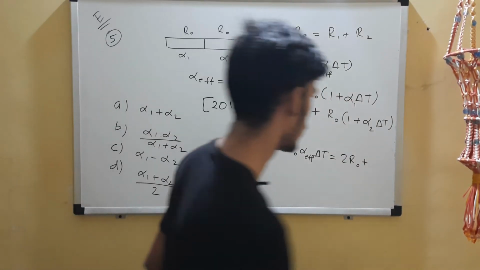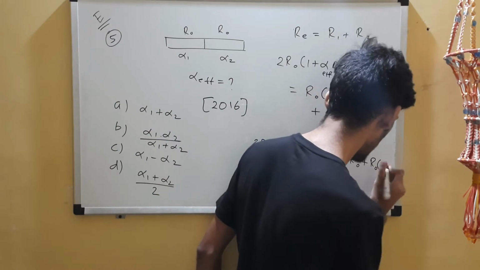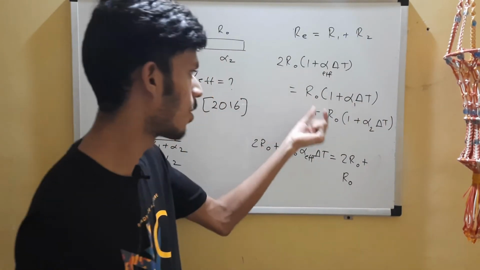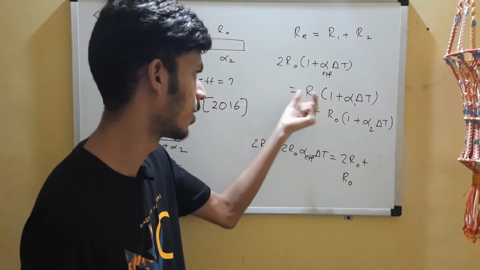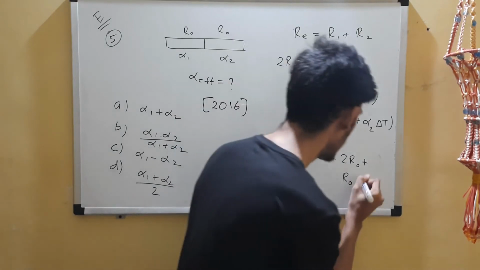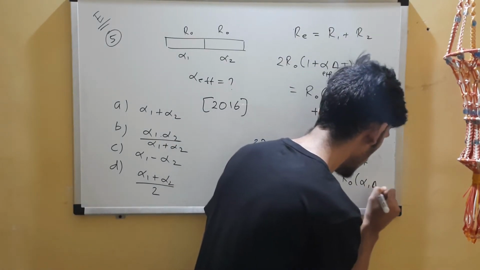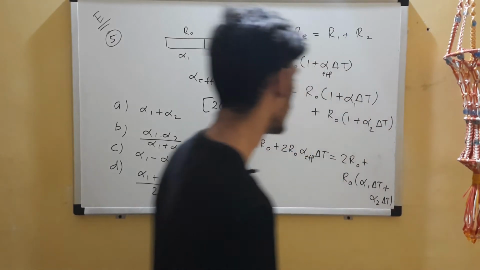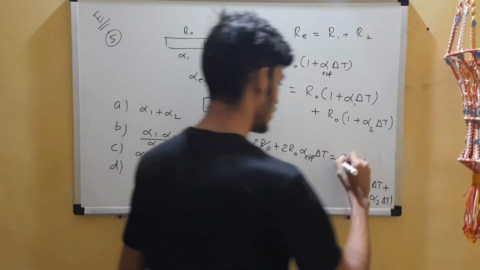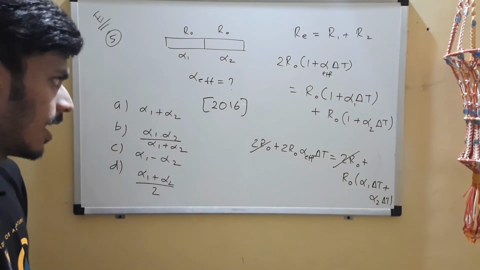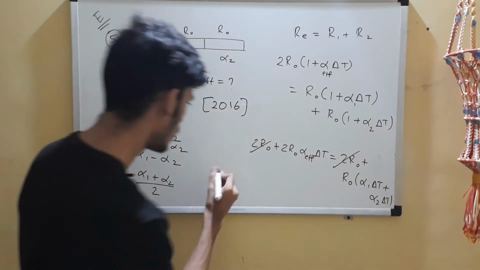Here I can take R0 common from the second term of each of these. So R0 is common, and here you'll have alpha 1 into delta T plus alpha 2 into delta T. Okay, so you can see that this and this will get cancelled, 2R0 will get cancelled.